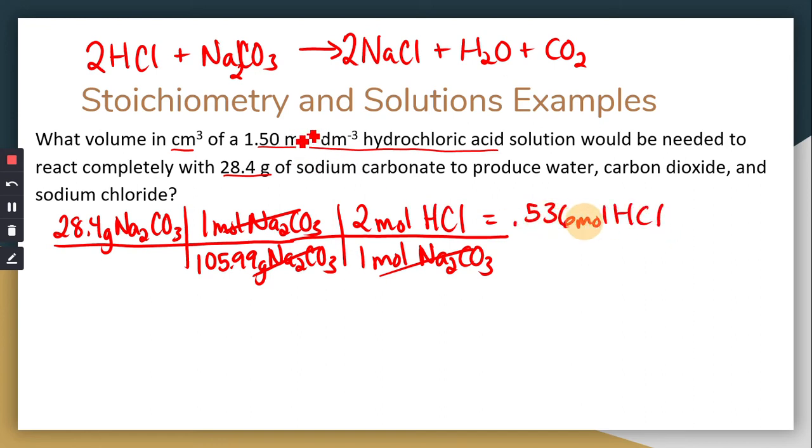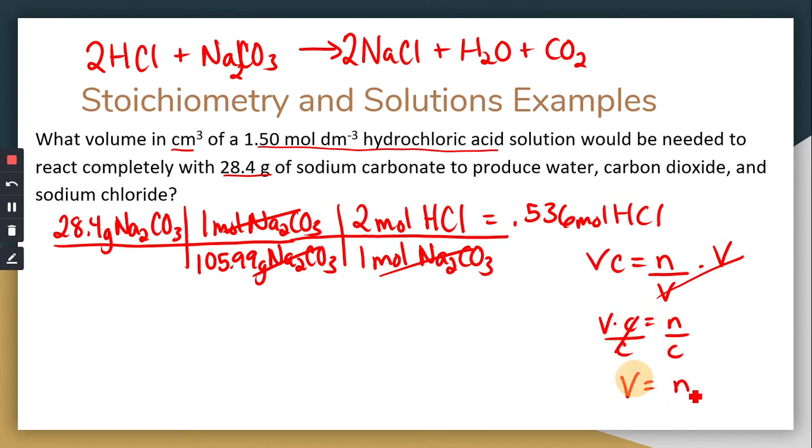And since we know the concentration, we can find the volume. So concentration is equal to moles divided by volume. Multiply by volume on both sides. Volume times concentration equals moles. Divide by concentration. Volume is equal to moles divided by concentration. So we're going to take our moles of HCl and divide it by the concentration that they give us.